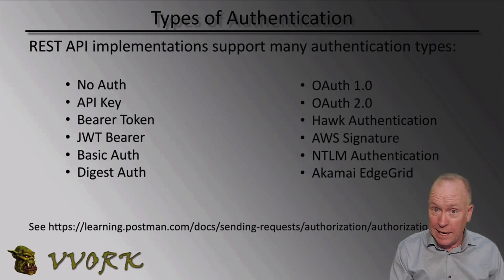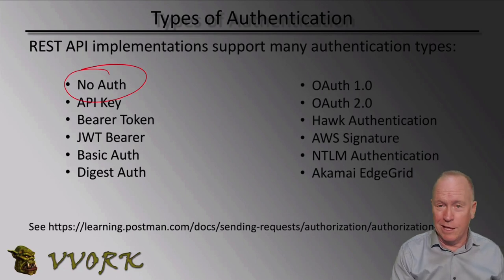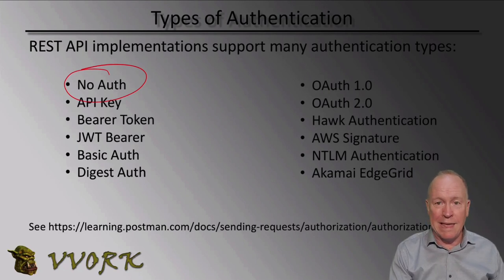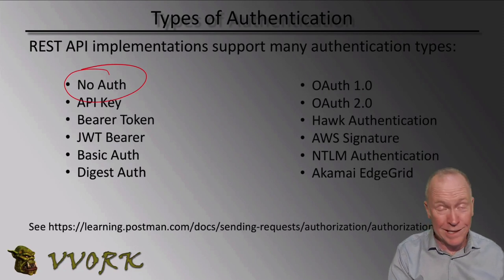You gotta authenticate. Now, the one exception to that is there are some REST servers that use no auth. No auth, as its name suggests, means that that particular REST server does not need you to authenticate. You can just start making REST requests against that. By the way, no auth is my all-time favorite authentication method because it's easy.